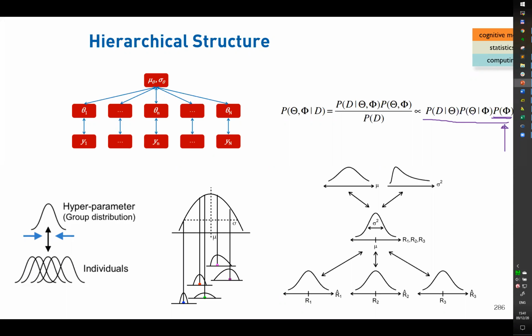Given the group level prior, we specify the individual level prior using a normal distribution. It's not reflected here, but we are assuming a normal distribution. And when we have the individual level information, after considering the data, this is the likelihood. If I explain it this way, going from here to here to here, I guess it is much clearer to understand.